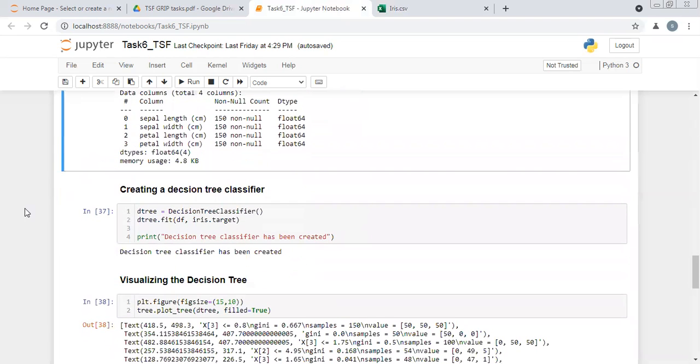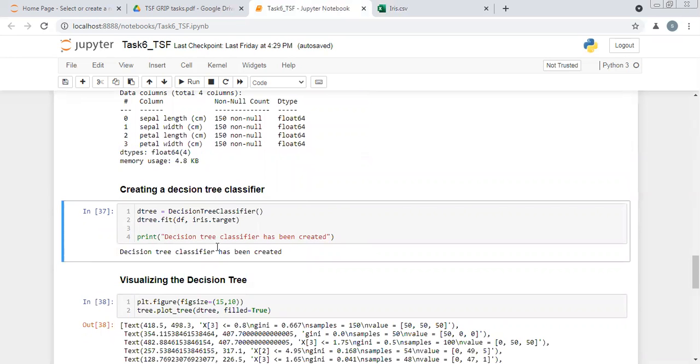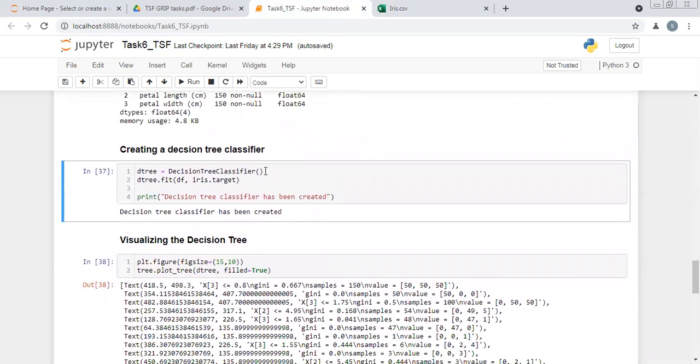Now with this, finally, we create the decision tree classifier. As I said, this function is going to be used for creating the decision tree classifier. We have assigned this to the d_tree variable, and from d_tree we are fitting our data set. There are two parameters passed over here.